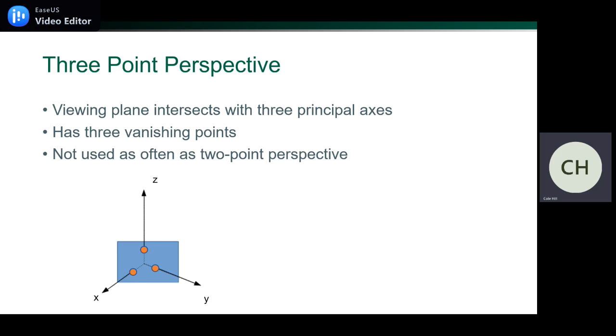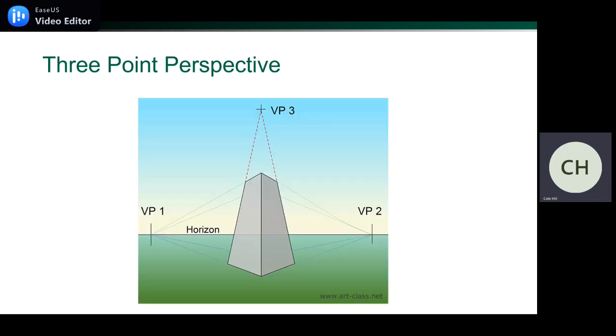Finally, we have three-point perspective. This is when the viewing plane intersects all three principal axes and has three vanishing points. And this isn't used as often as two-point perspective. So here's an example image of a tower block object with three-point perspective. Now you see you have two vanishing points on the horizon line, and you have one vanishing point above the object.